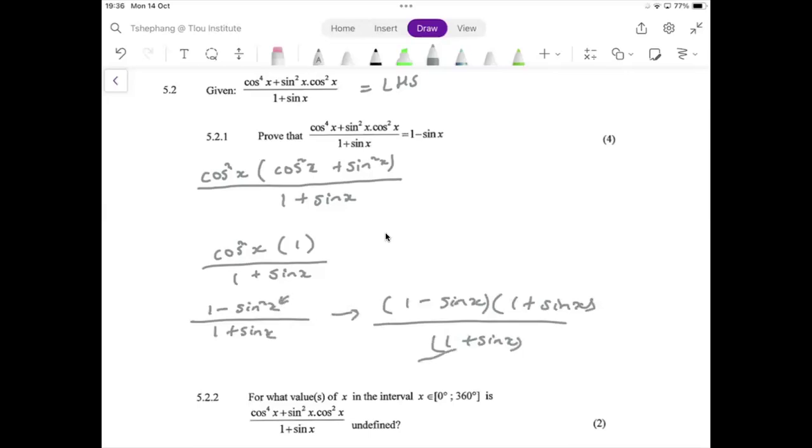Now what cancels? This and that cancel. Then what are we left with? 1 minus sine x, which is equal to the right-hand side. I hope we are all here.